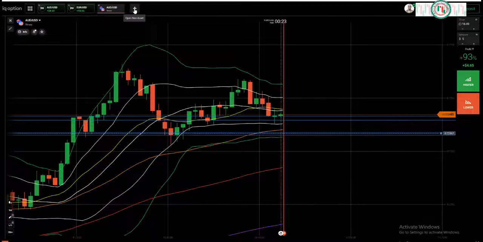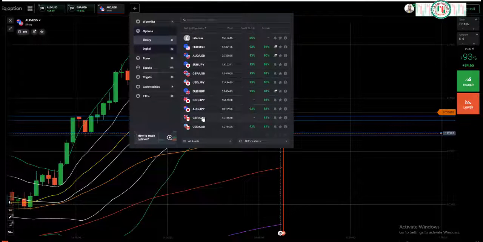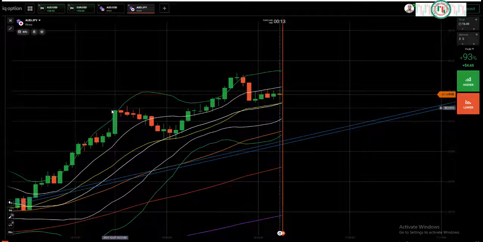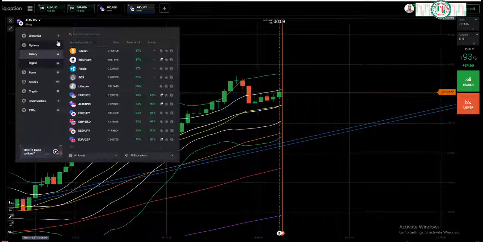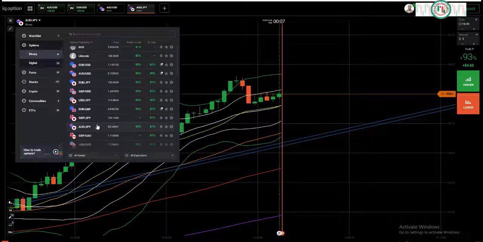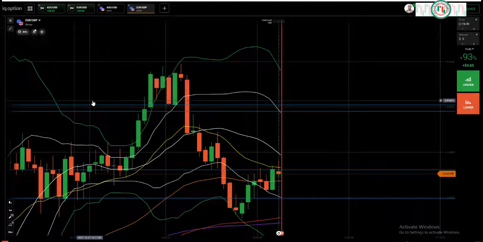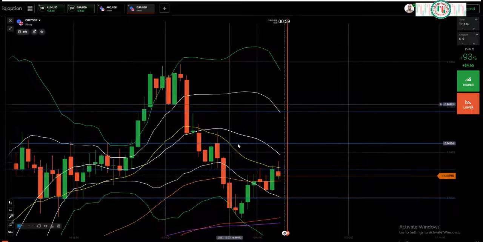So let's check another one. Here. So here is another strong level.